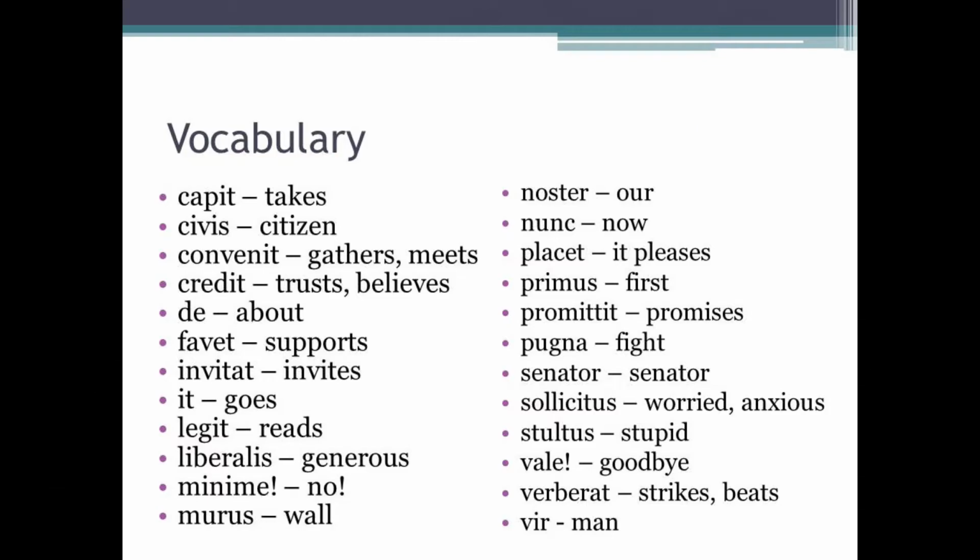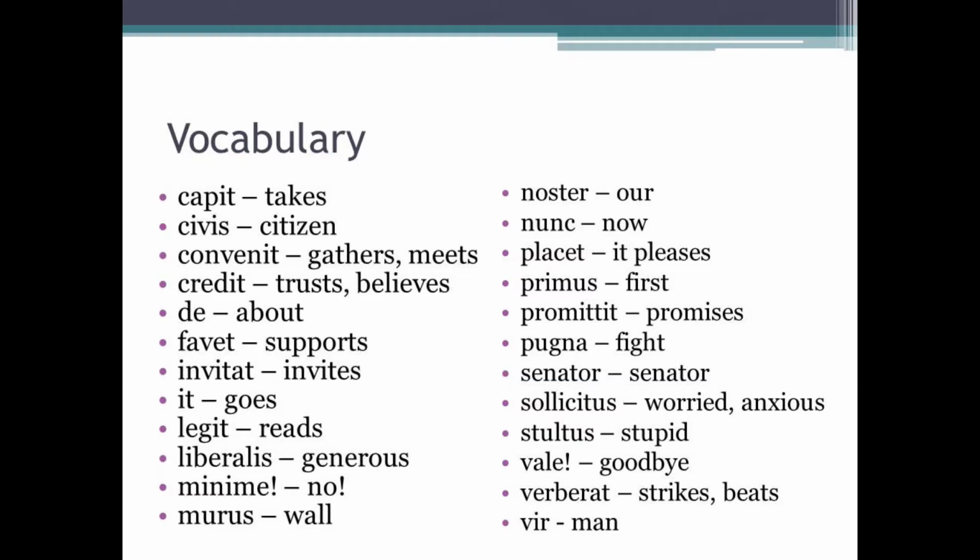Capit means takes. A civis is a citizen. Convenit means gathers or meets. Credit is trusts or believes. De is about. Favet means supports. Invitat is invites.